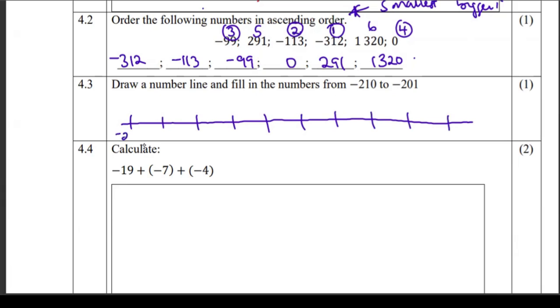So if this is a negative 210, negative 209, negative 208, negative 207, negative 206, 205, 204, 203, 202, 201. And then you'll have negative 200 there. So this is what they wanted you to do, not the other way around.